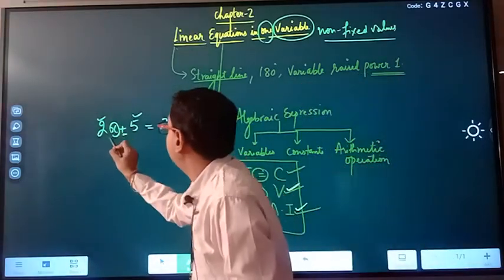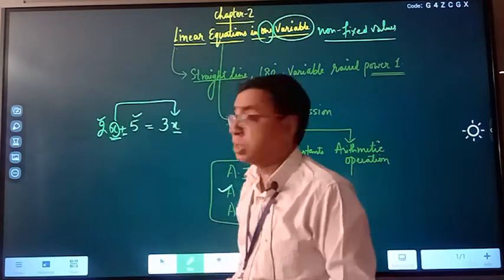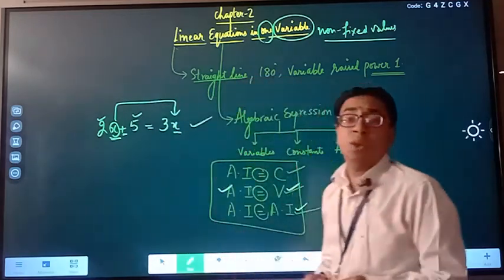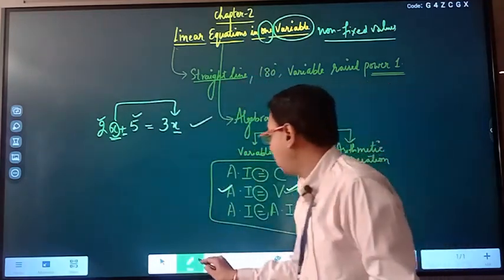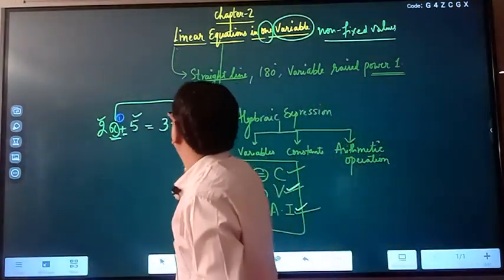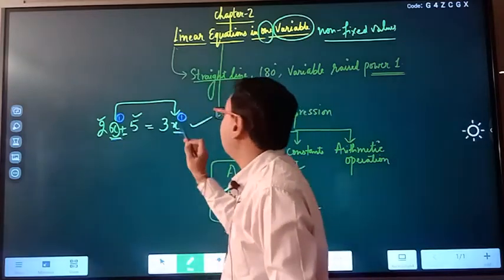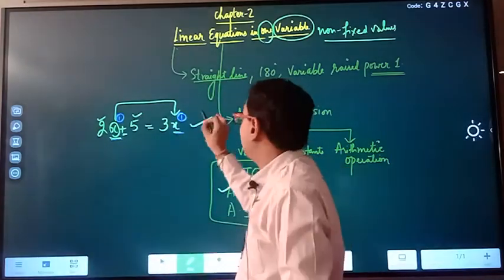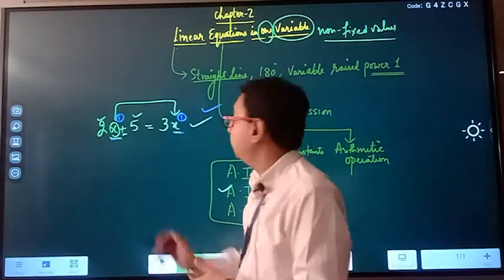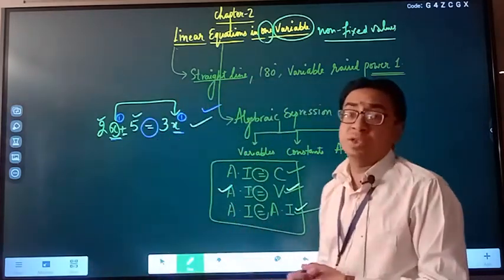So what is happening here? It is x throughout the given equation. Therefore, it is a linear equation in one variable. Why linear? We can clearly see the variable power is 1. Since throughout the equation we are having x only, that is why it's a linear equation in one variable. And why equation? Because of the equal to sign. Hence proved, it's a linear equation in one variable.